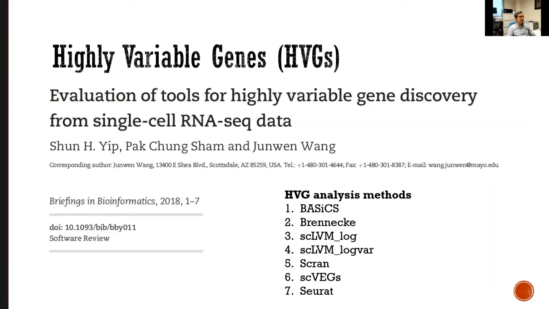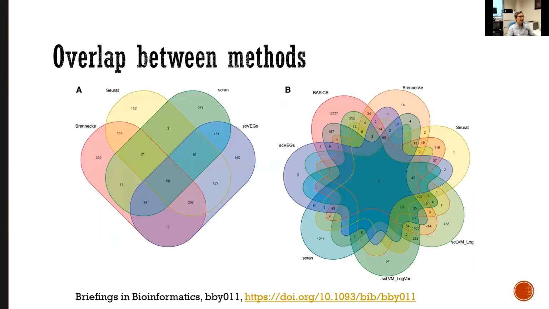So in 2018, a Hong Kong University group conducted a study to compare different methods that have been designed to identify the highly variable genes. There are 7 different highly variable gene identification methods, and they compared them and found the overlap between their results is not so high.